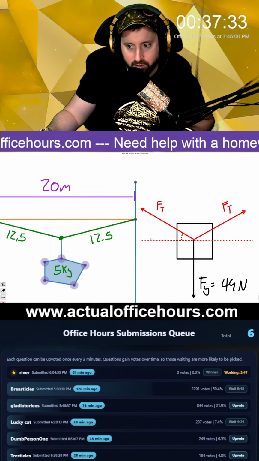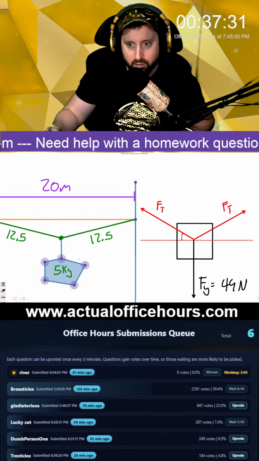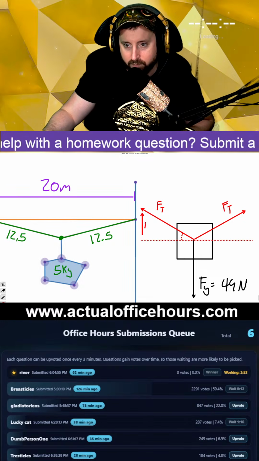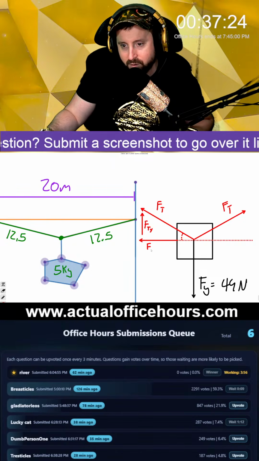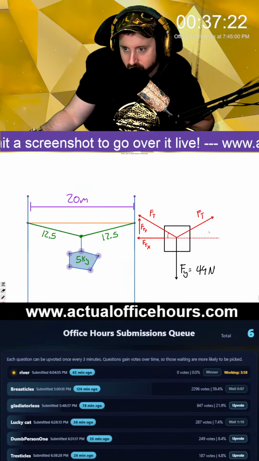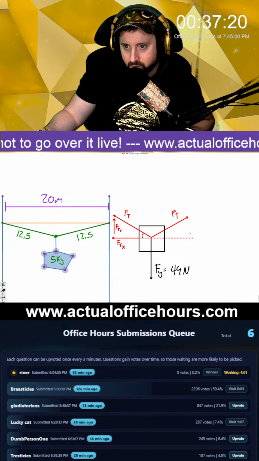So we can break this FT into two components: FTY and FTX. Same thing on this side.